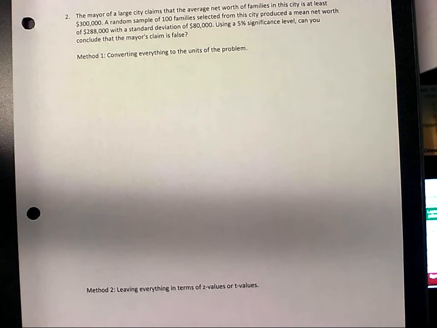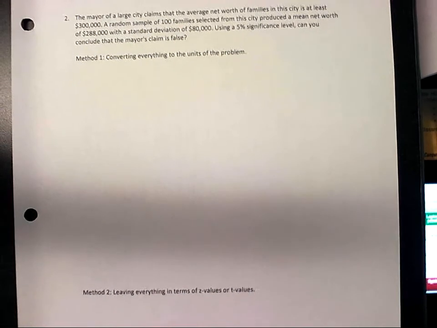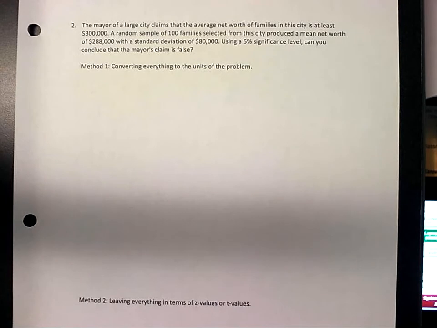But then we also converted everything to z values. One of the things that we kept coming up with yesterday was we always want to compare apples to apples. So whenever we were doing the first method, we converted absolutely everything to grams of fat, including the critical values, which is where our rejection regions begin.